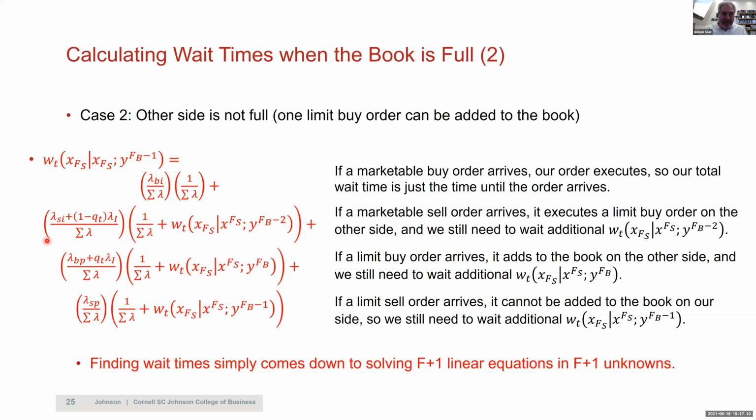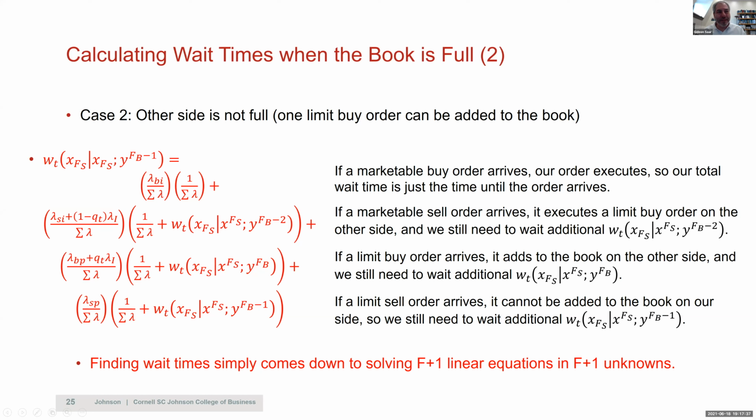If a marketable sell order arrives, it can still come from impatient or informed, and in that case, another buy order will execute. So I'll have to wait. My side hasn't changed, but now the other side has FB minus 2, and so on and so forth. And if a limit buy order arrives, it will bring the buy side back to a full book. And this one I know from the previous equation.